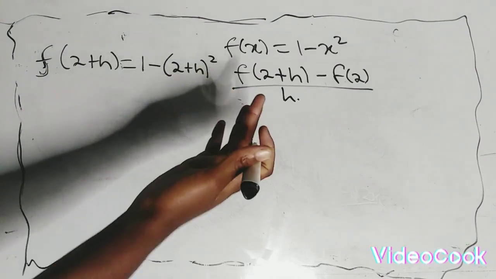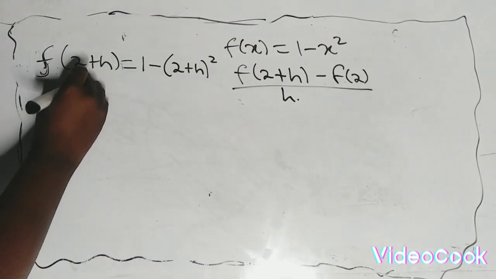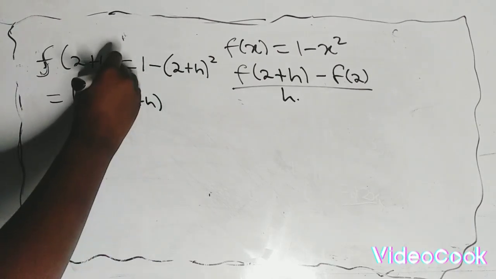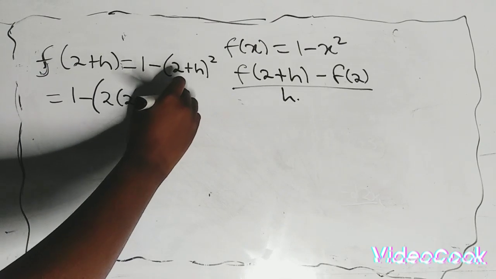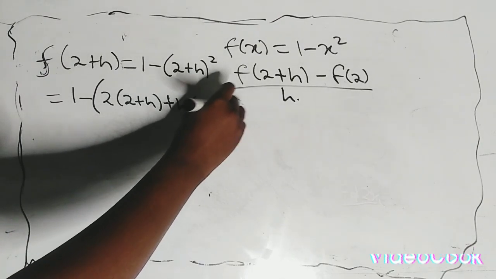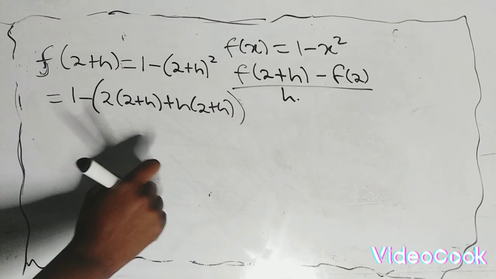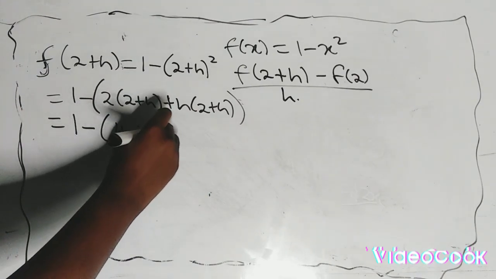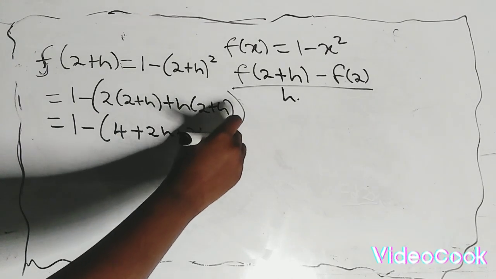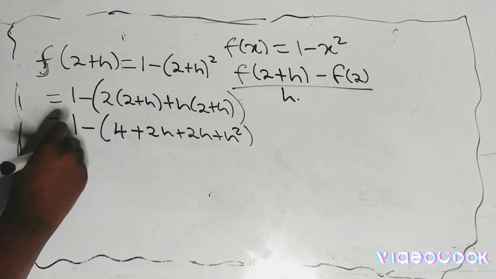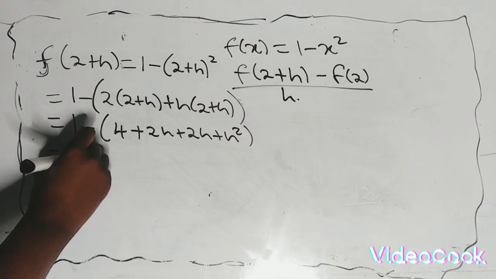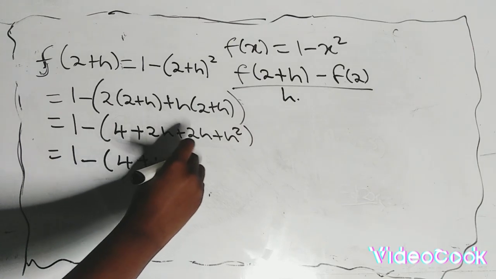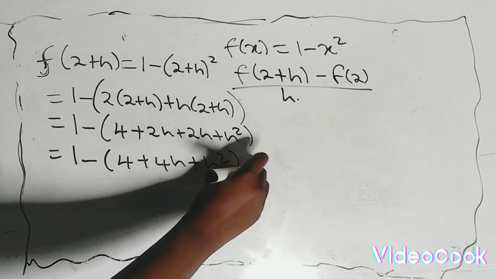Expanding that, this will give 1 minus (4 plus 2h plus 2h plus h squared), which simplifies to 1 minus (4 plus 4h plus h squared).